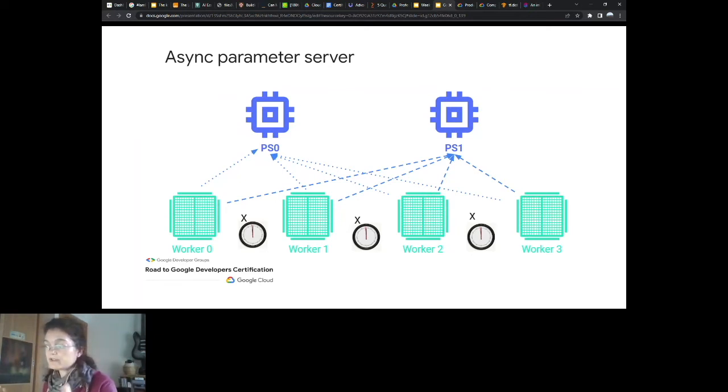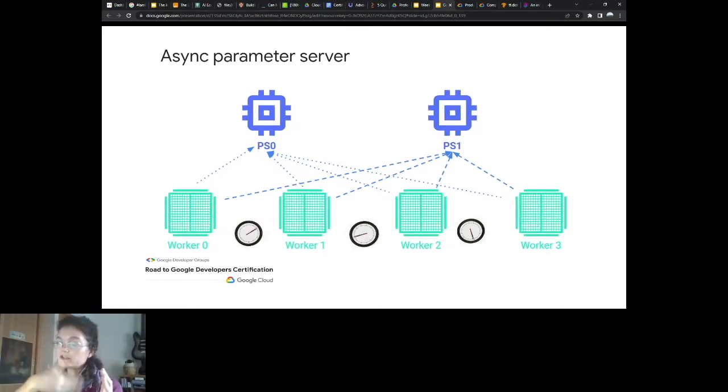So you can have out of synchronization workers, because one is finishing the processing of the batches faster than the others, and is communicating with the server more often. That can also create a bottleneck in the communication, right? So this configuration is particularly good when you don't have so many frequent updates, and the workers are more or less of the same computational power.